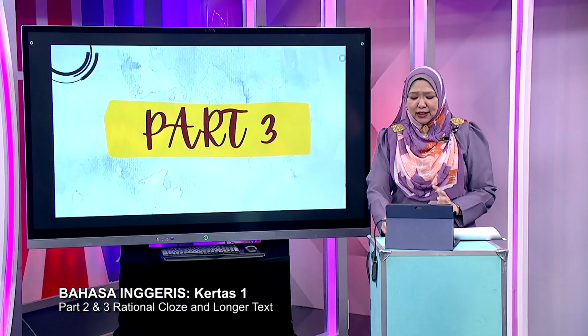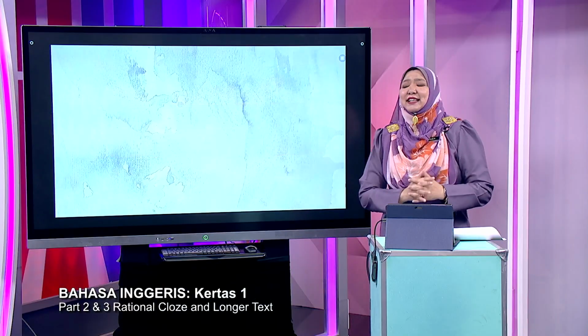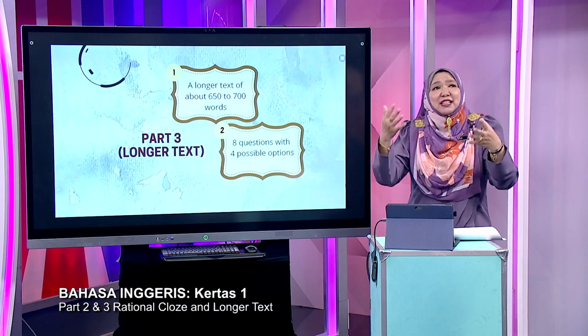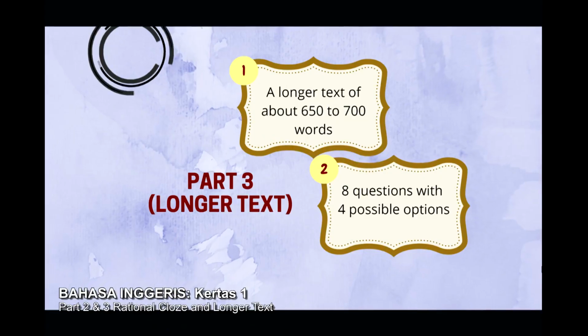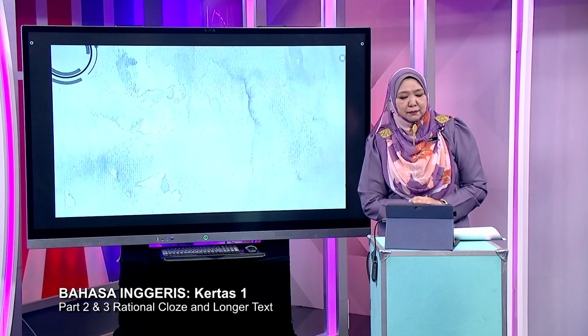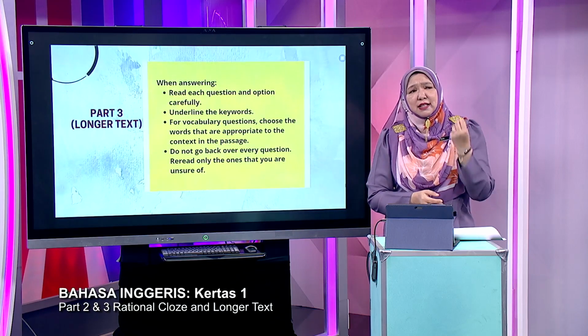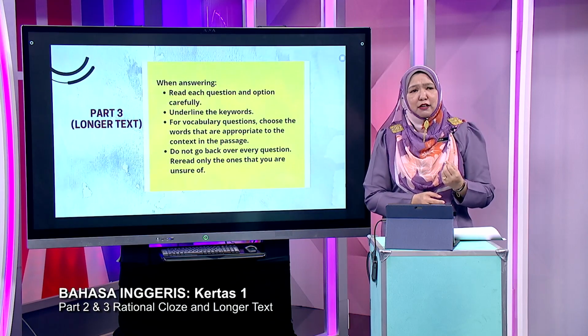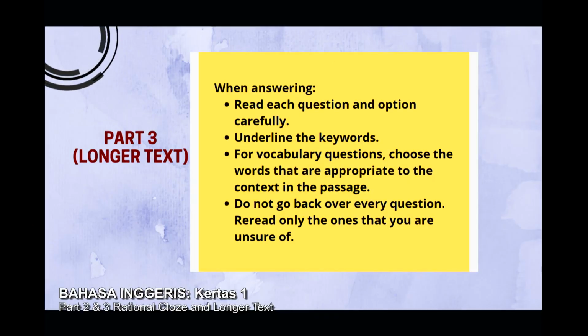Part 3 is reading comprehension, or longer text. A longer text of about 650 to 700 words is given, with questions of 4 possible options. Another MCQ, 4 options. When answering a longer text, first and foremost, read the question, read the text.